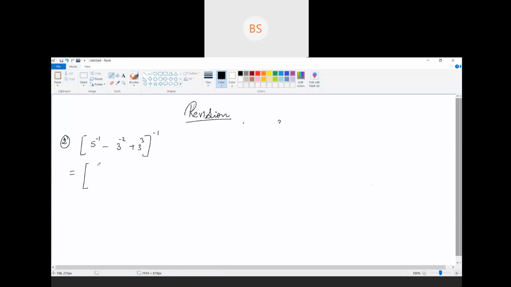So 5 raised to minus 1 will become 1 upon 5 whole raised to 1. Minus 1 will become plus 1, right? Then minus. Now 3 raised to minus 2 is there. So again taking reciprocal, it becomes 1 upon 3.